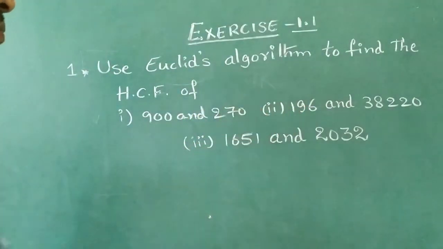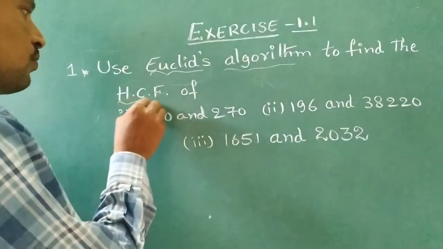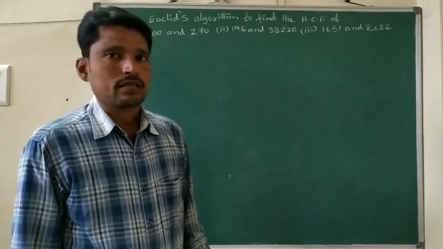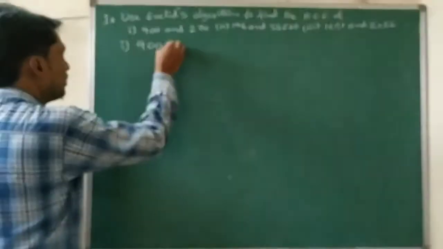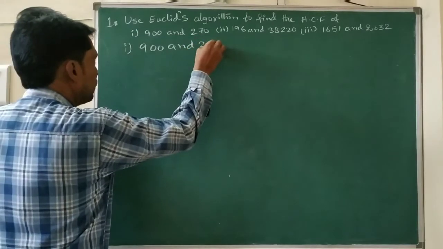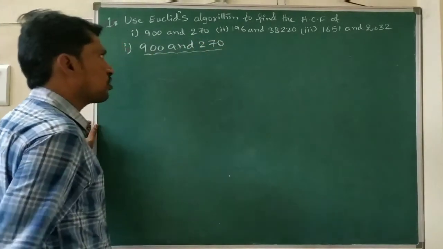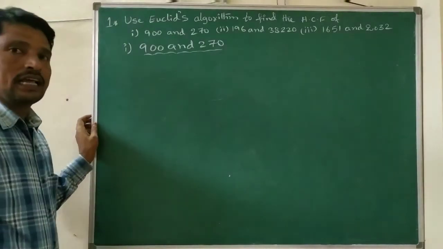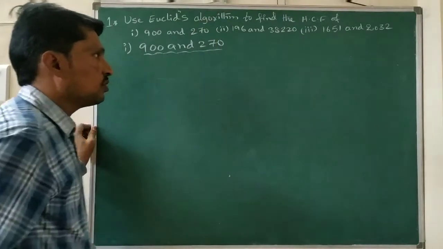So for these three problems we need to use Euclid's algorithm and find the HCF. Now the first problem is 900 and 270. For this problem we need to find the HCF using Euclid's algorithm.